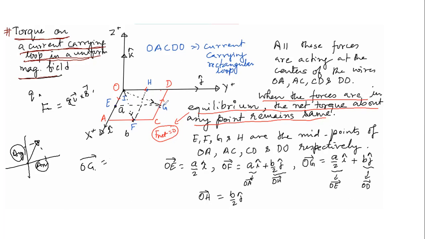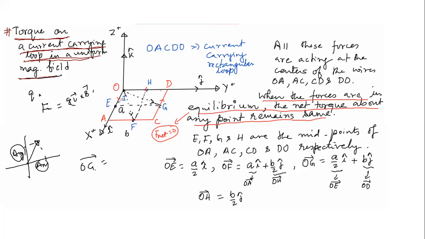See here, this is your OG vector, and for writing its components, we draw a perpendicular from G to the x-axis and a perpendicular to the y-axis. So OE will represent the x component of the OG vector, and if you draw a perpendicular from G to the y-axis, then OD will represent the y component.